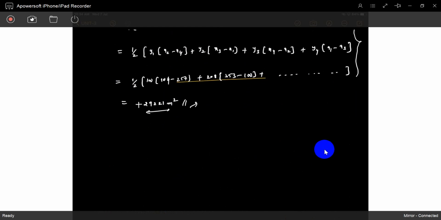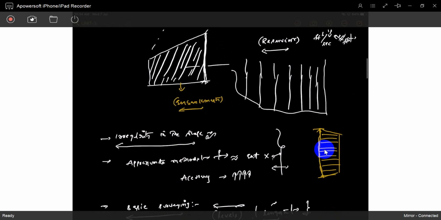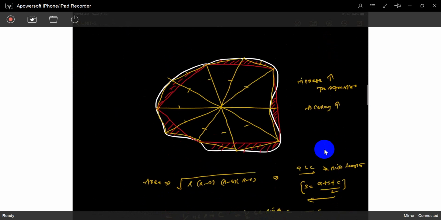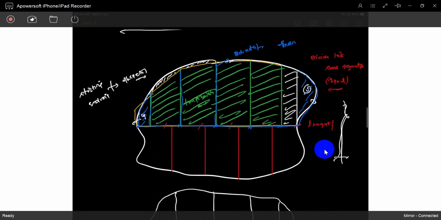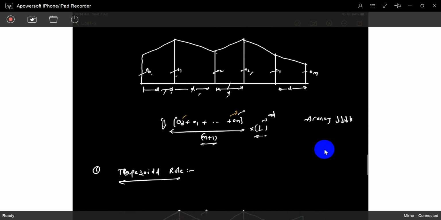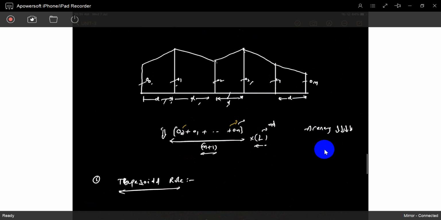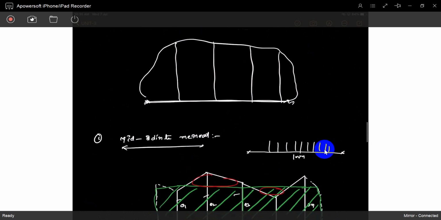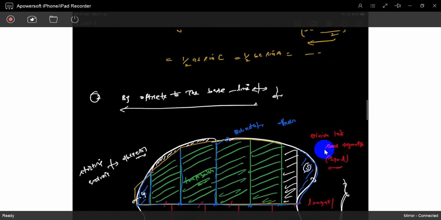To calculate the areas, what we discussed over 3-4 classes: areas divided into triangles, that is one easy method; then by offsets to the baseline, the mid-ordinate method, trapezoidal rule, average rule and Simpson rule. These are all classified under offsets to the baseline.